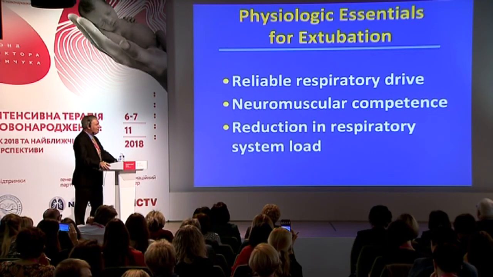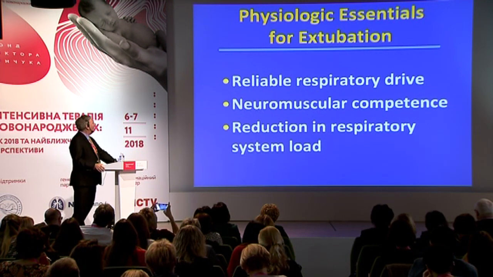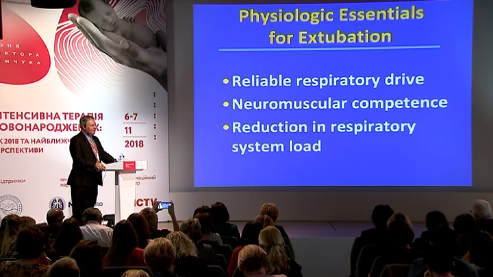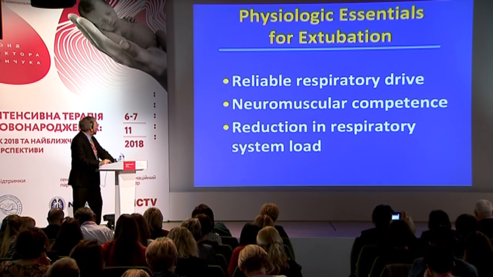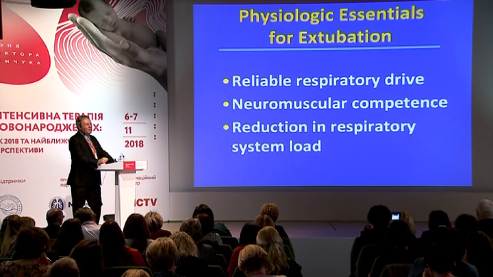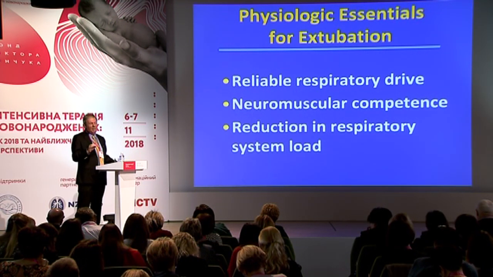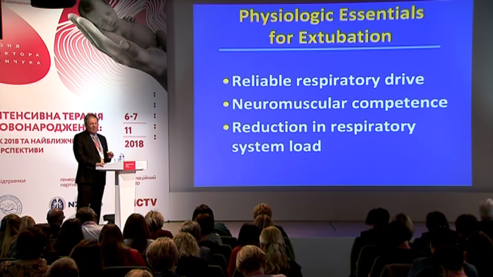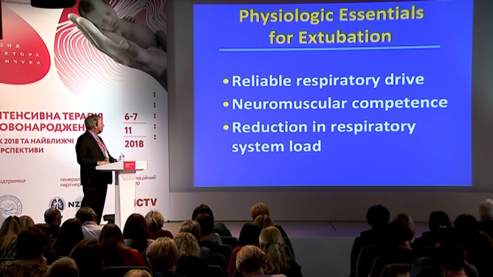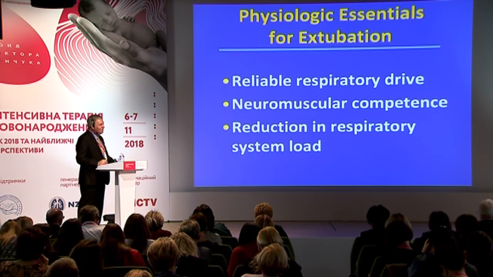Now, there are some physiologic essentials that we need to recognize that if these aren't met, extubation is likely to fail. So number one, the baby has to have reliable respiratory drive. Even if you're going to extubate the baby to some form of distending pressure like CPAP or high flow nasal cannula, that baby still has to be able to breathe spontaneously. The baby has to have neuromuscular competence.